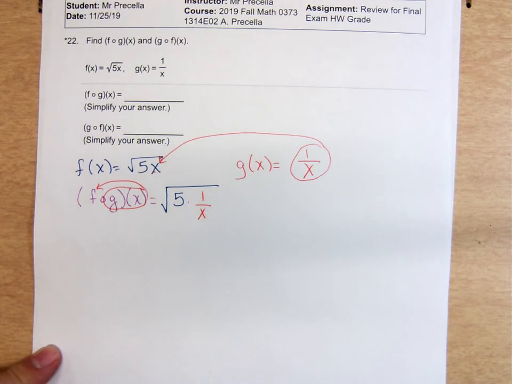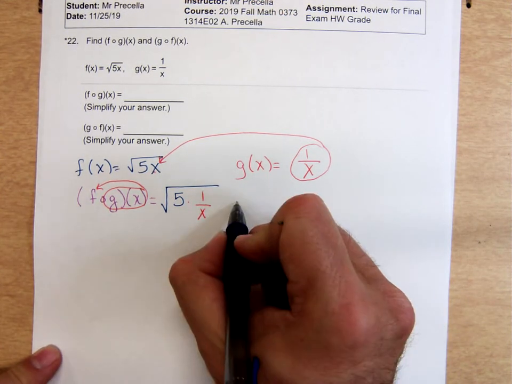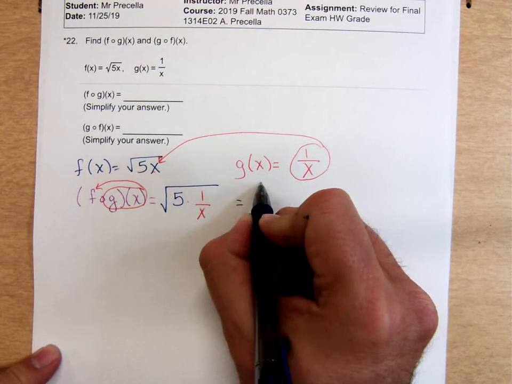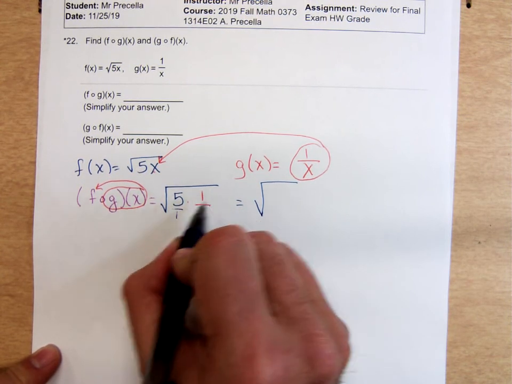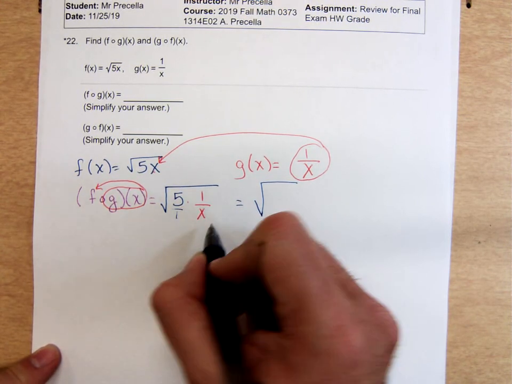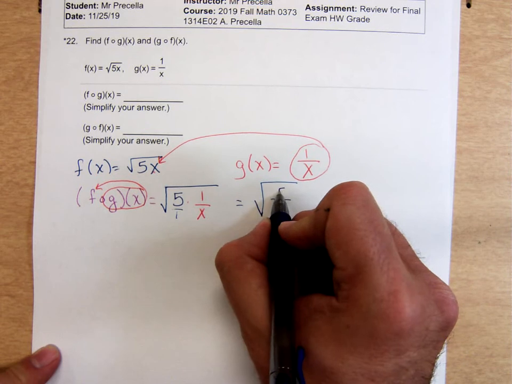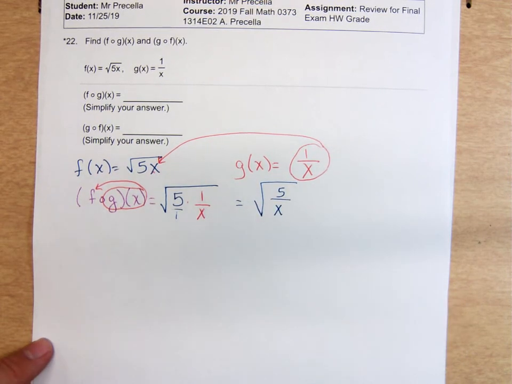And I guess I could think of that 5 as 5 over 1. And to multiply, you just multiply straight across. So it's going to be the square root of 5 over x. Oh, this one's not multiple choice, is it?